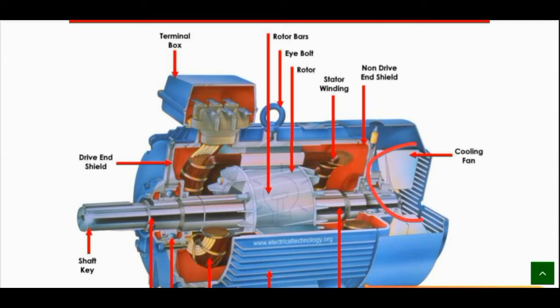And this is the motor cooling fan. When the motor is running and heats up, this fan gives air to cool the motor. And here is the drive end shield.